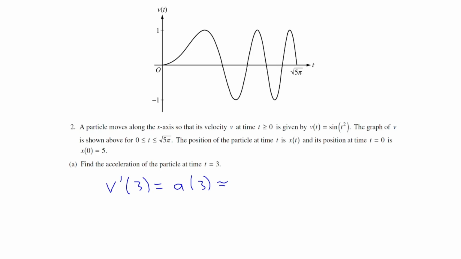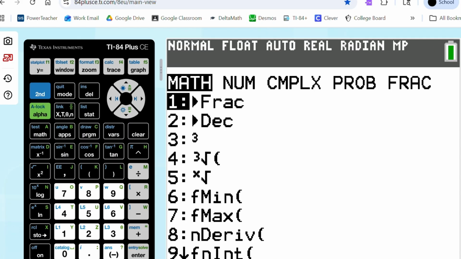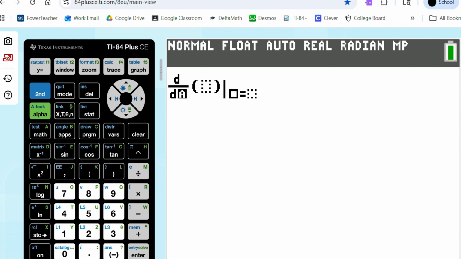You can just go into your graphing calculator, and you can hit math and go down to option number 8. Right? Option number 8 here is going to pull up a derivative for us. We'll do the derivative with respect to x of our function, which is the sine of t squared, so we'll just say x squared.